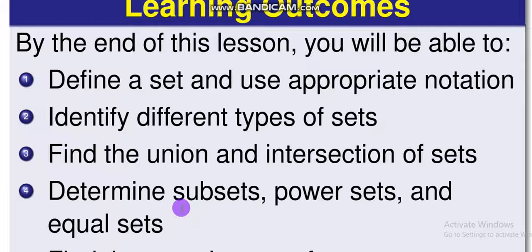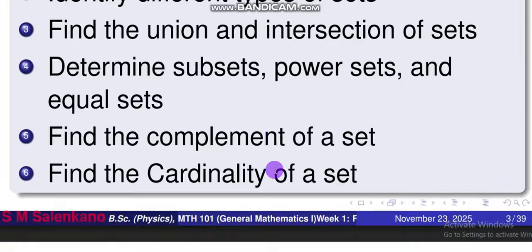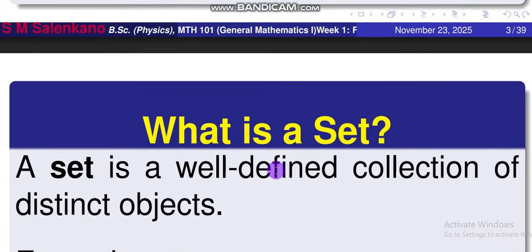Fourth, determine subset, power set, and equal set. Number five, find the complement of a set. And number six, find the cardinality of a set. By the end of this video, you should be able to do these 6 activities. Now let us give it a start.